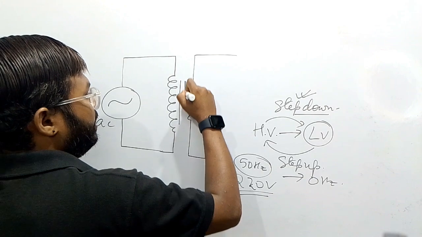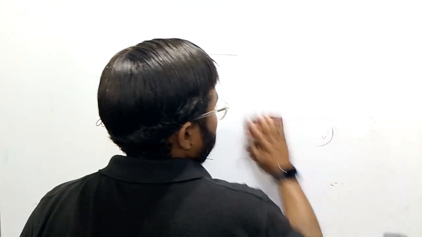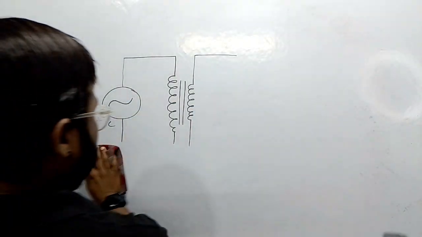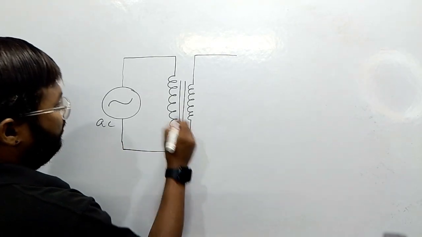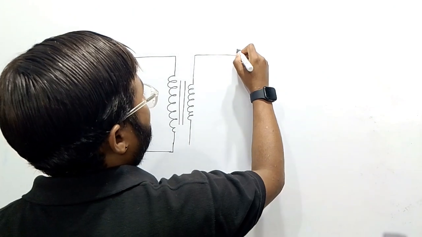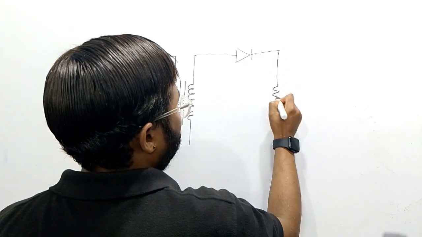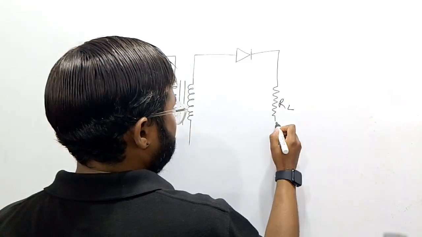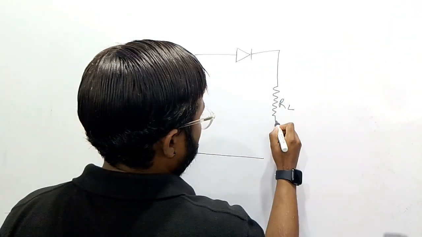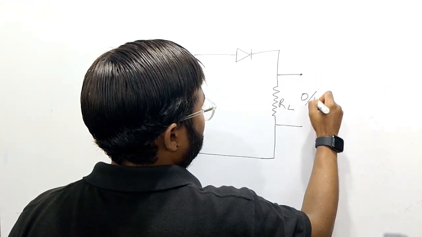Okay, let me draw this. So here is AC, here the transformer, and then we'll have the PN junction here. We'll have the load resistance, and then we'll get the output here.